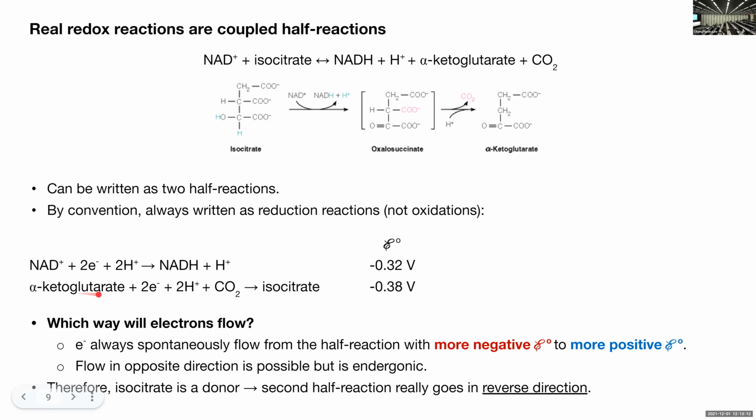So alpha ketoglutarate goes back to get reduced, to get the 2 electrons, and carbon dioxide is involved here, which was decarboxylated on this intermediate state, which is oxalosuccinate, and gets back to the isocitrate. And these are the 2 E naught values, the standard reduction potential values. And both of them are negative.